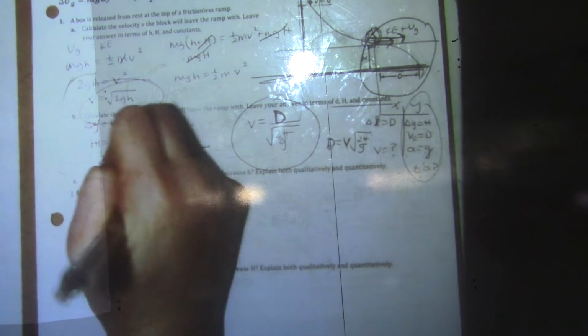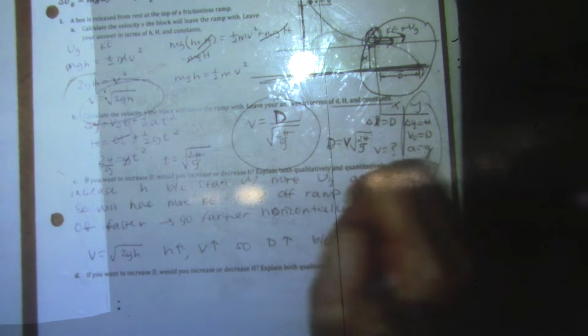So the qualitative would be, if you increase little h, you will start with more potential energy at the top, so you will have more kinetic energy coming off the ramp, which means that it comes off faster, which means it'll go farther horizontally, which is a greater distance, d, horizontally.